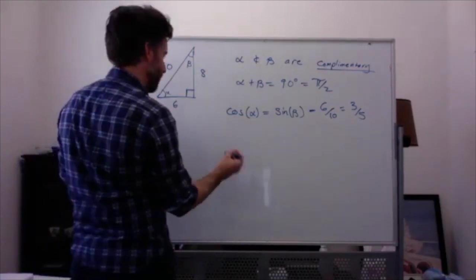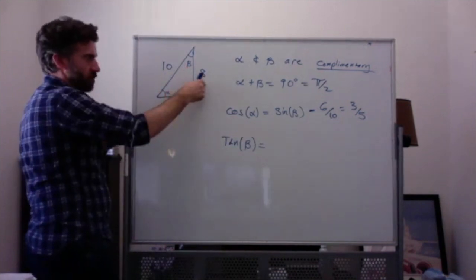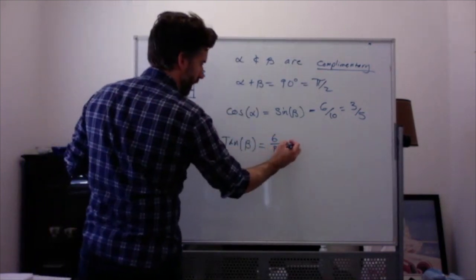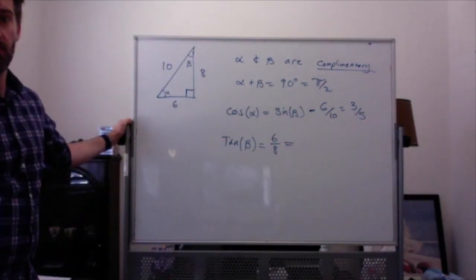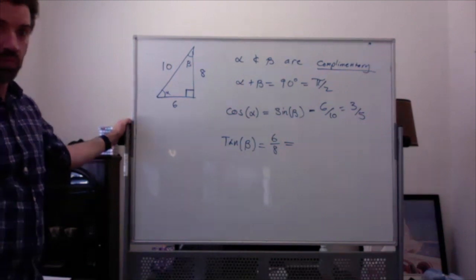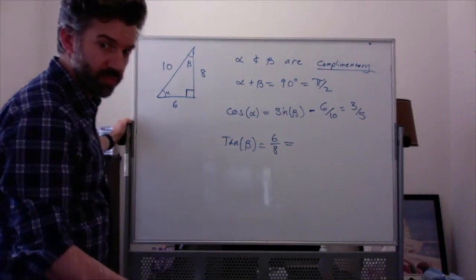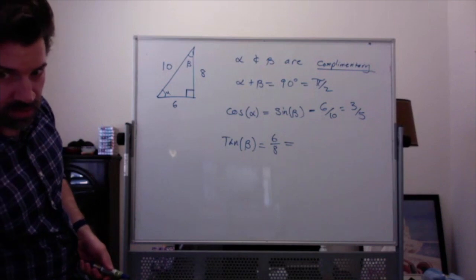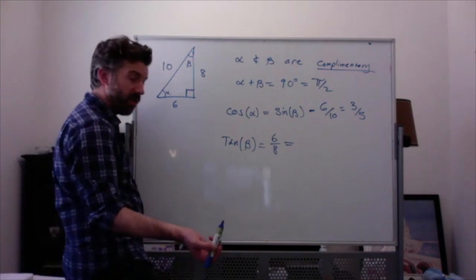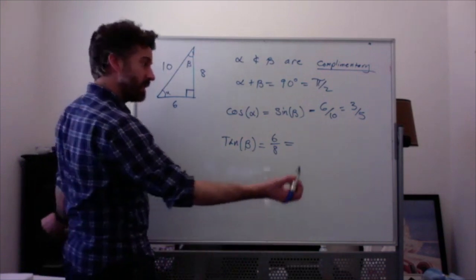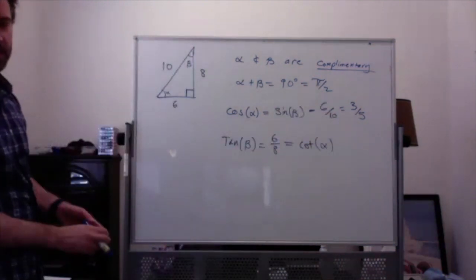So I could also find tangent of beta, which is the opposite over adjacent, which is 6 over 8. And that should be equal to which trig function of alpha? Cotangent, exactly.